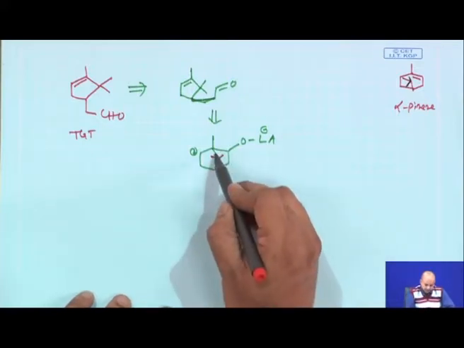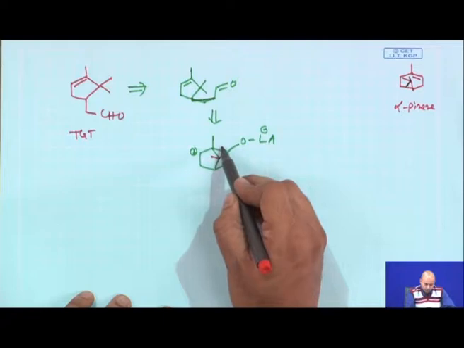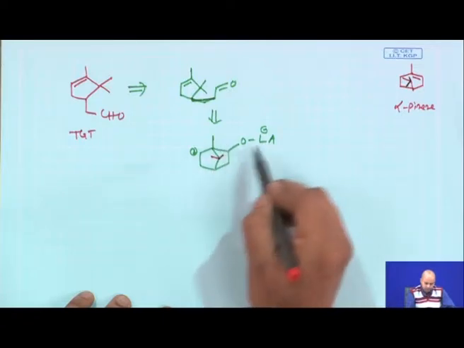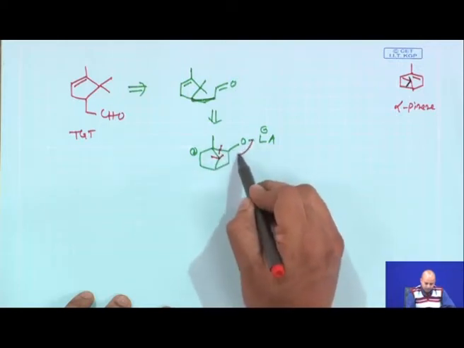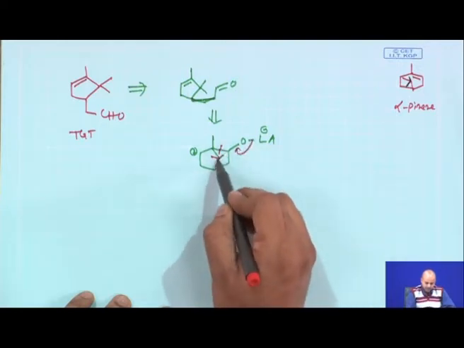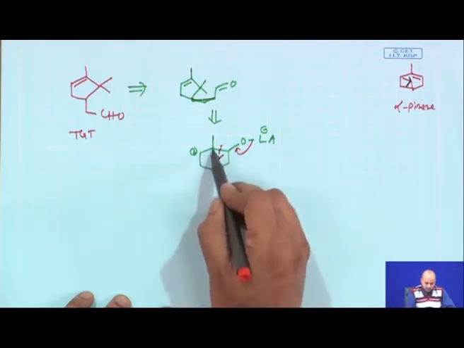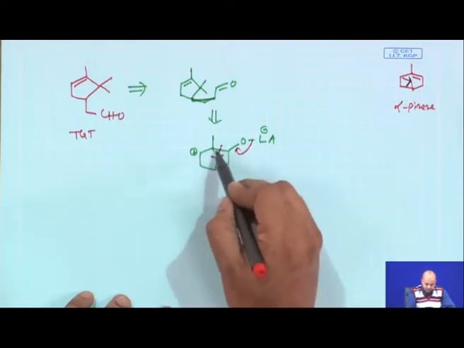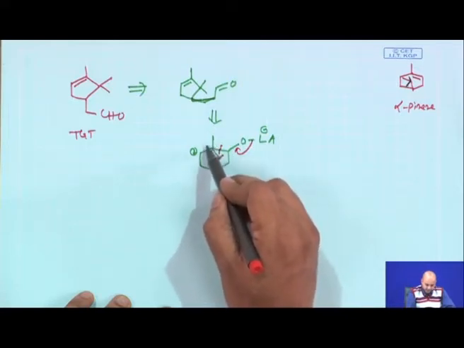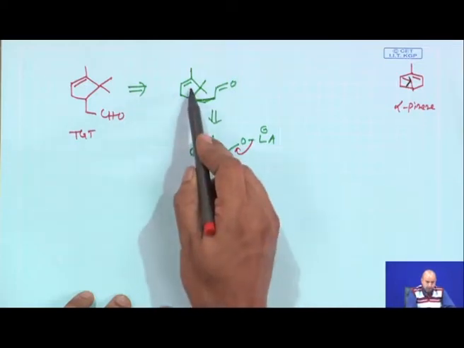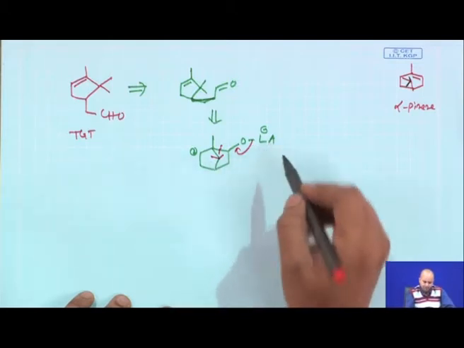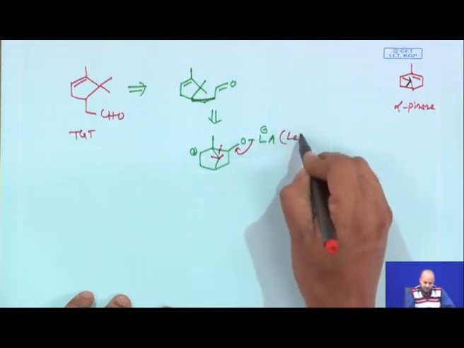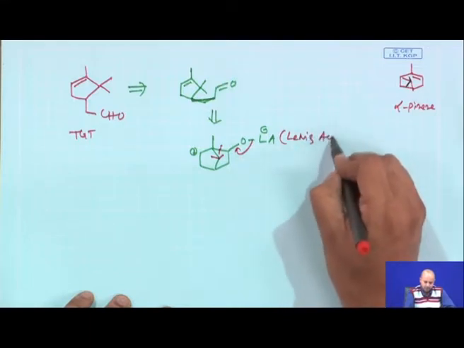If this particular bond undergoes fragmentation, this Lewis acid comes here, it basically fragments to give you this fragmentation, and then it gives a negative charge here, and this negative charge now quenches this positive charge to yield this product. So, this is purely mechanism based. Now, what is LA? LA basically stands for a Lewis acid which you have used earlier.